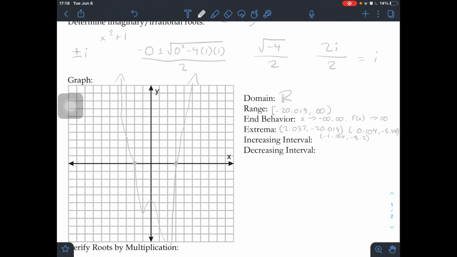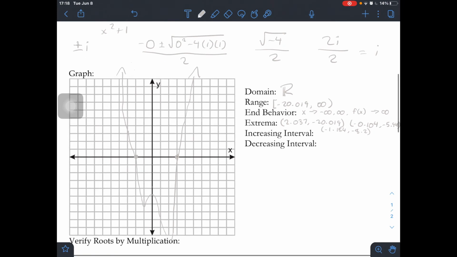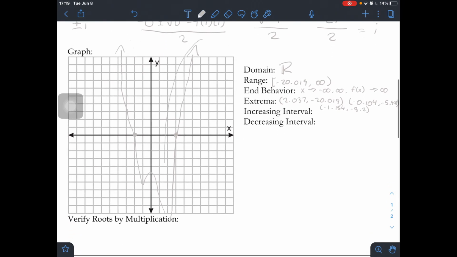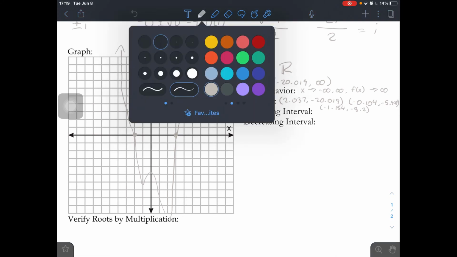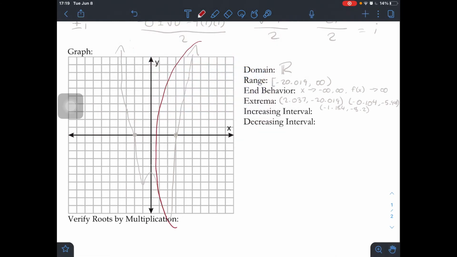So our increasing intervals here are going to be obviously this entire thing right here. Let me write this in red. This entire thing over here, as well as this small area right here.